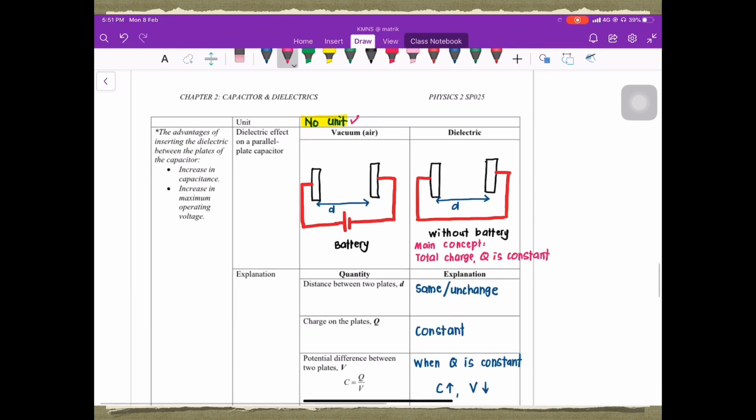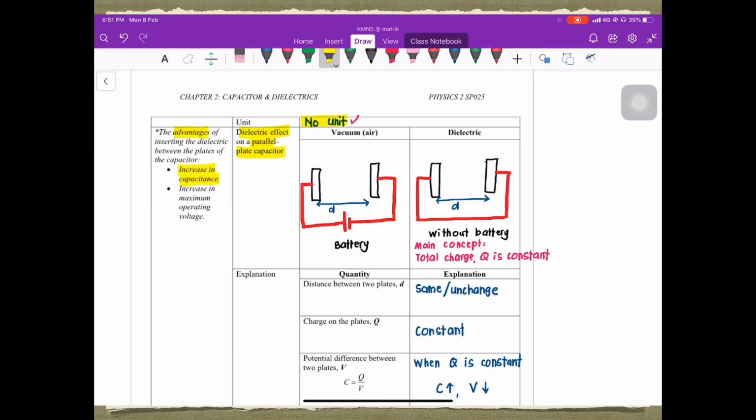Now we want to discuss the dielectric effect on a parallel plate capacitor. Before that, what is the advantage when we insert a dielectric between the plates? Advantages. First, an increase in capacitance.